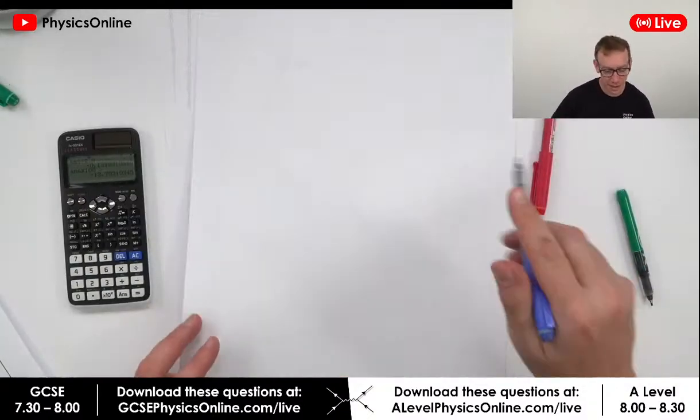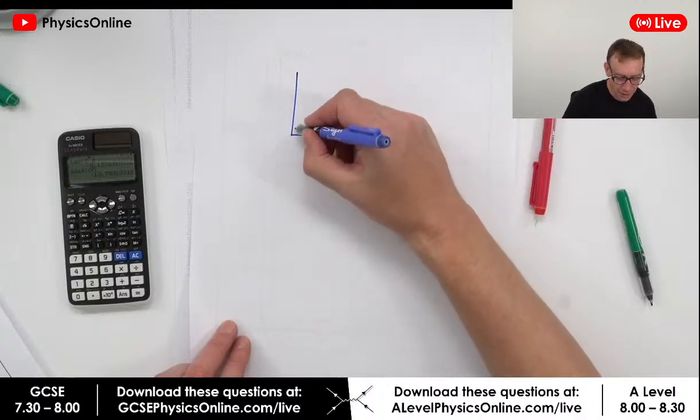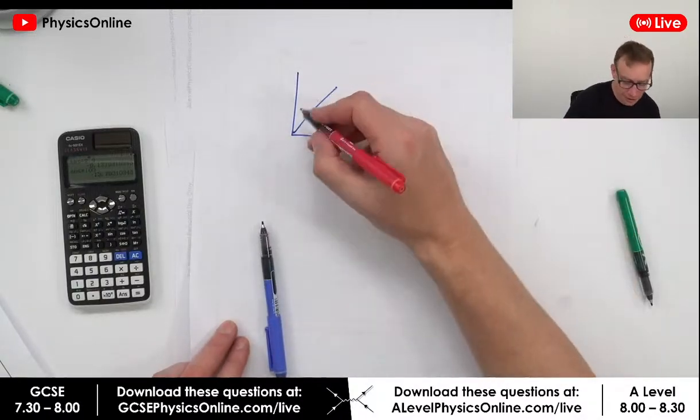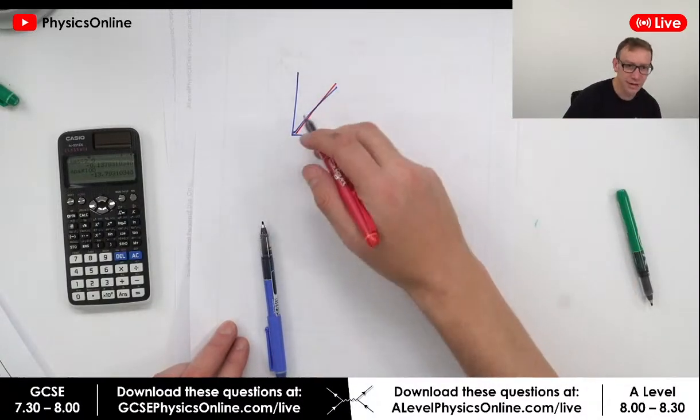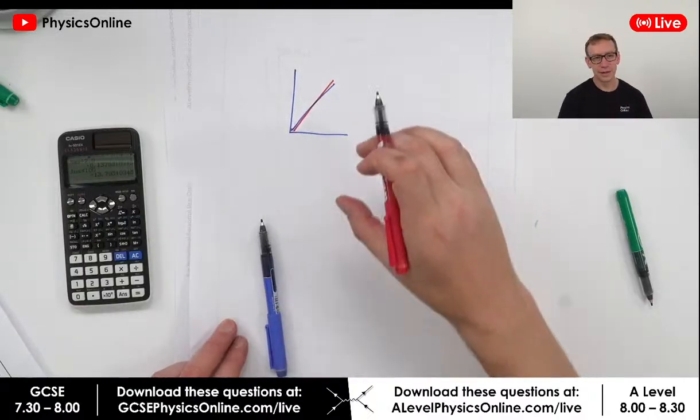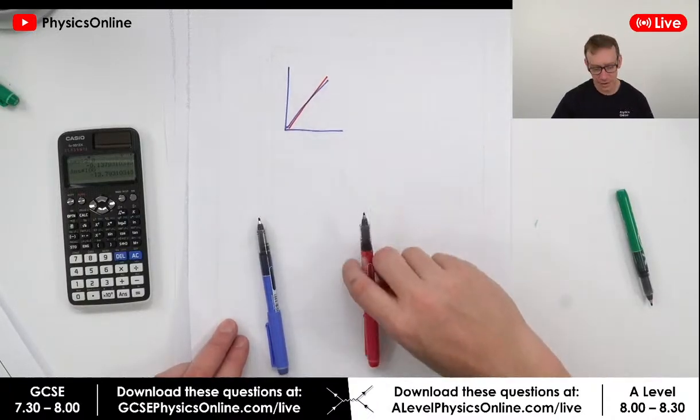Effectively, if you had really good data where maybe that's your line of best fit and that's your worst acceptable line, if the two gradients are really similar, then we've probably got a low uncertainty in that data.